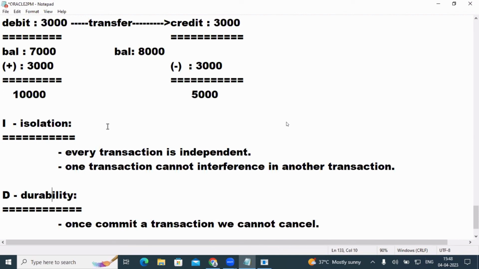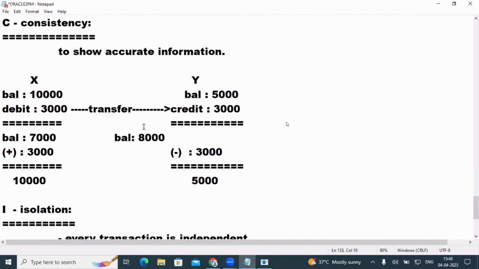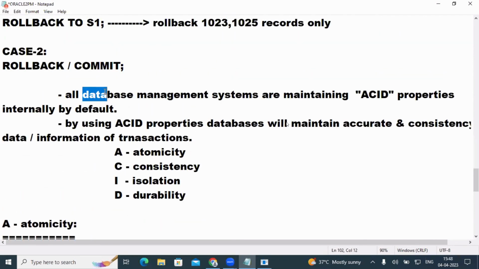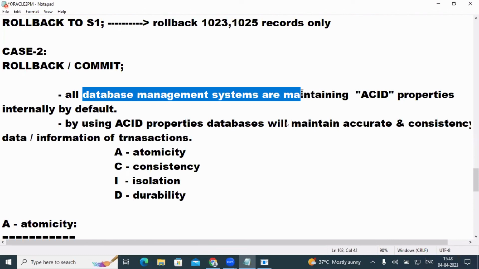These are completely theory concepts, there is no practical here. These are all maintained internally by almost every database. That is the reason your transactions are systematically maintained, accuracy maintained, consistently maintained. Now, is everyone clear?